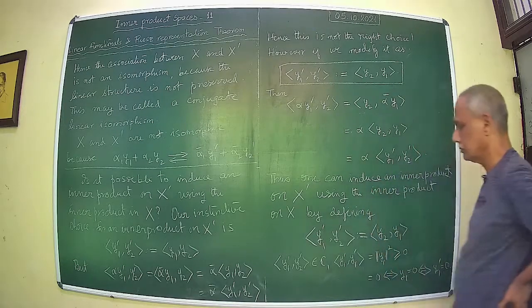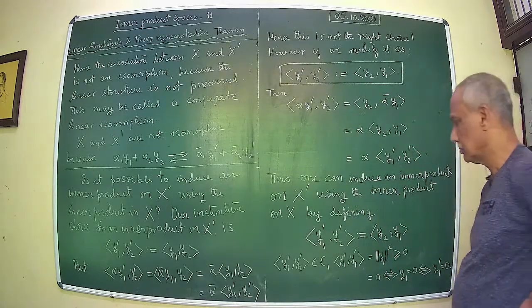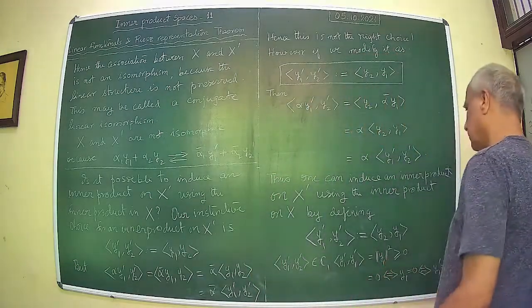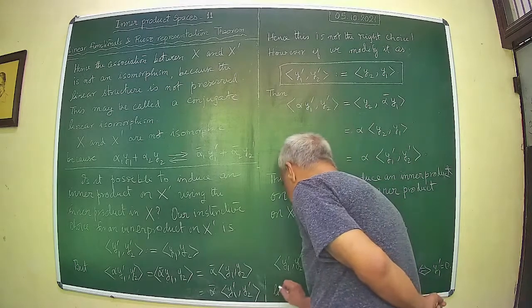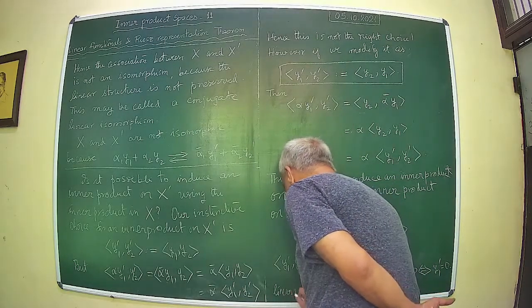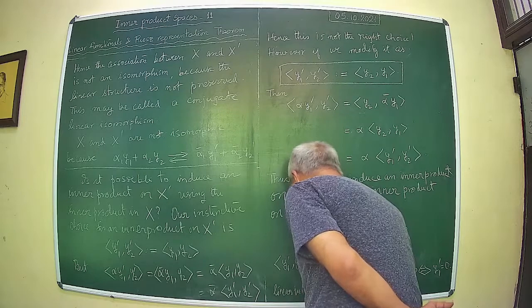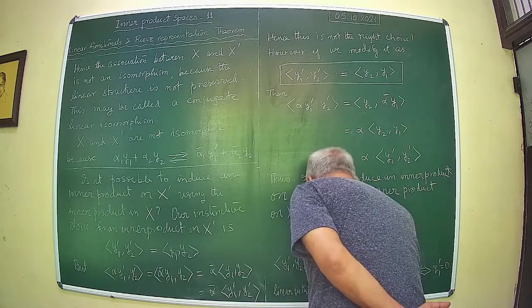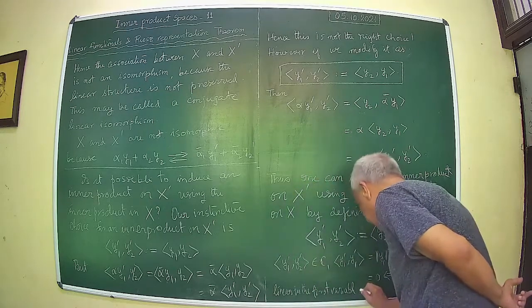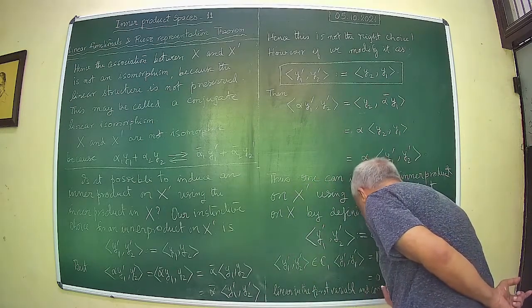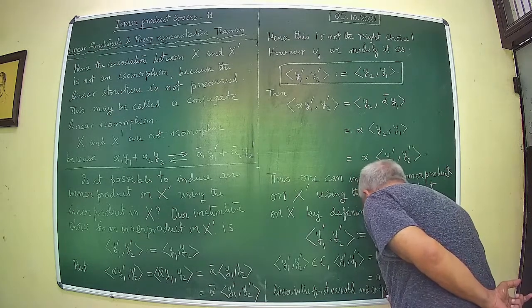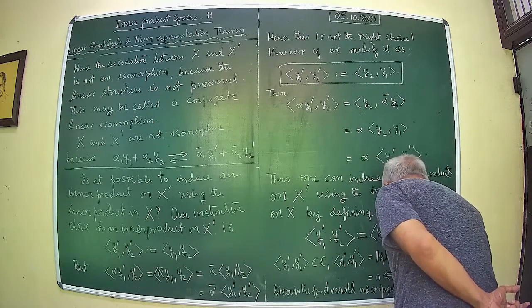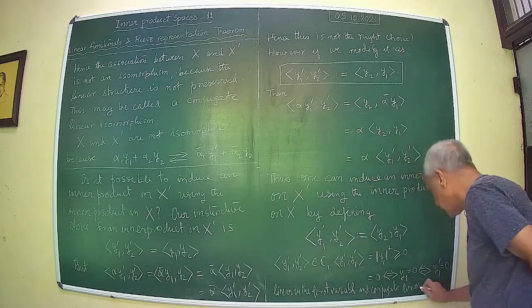Now this is linear in the first variable and conjugate linear in the second.